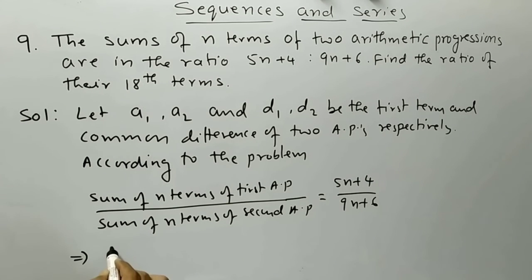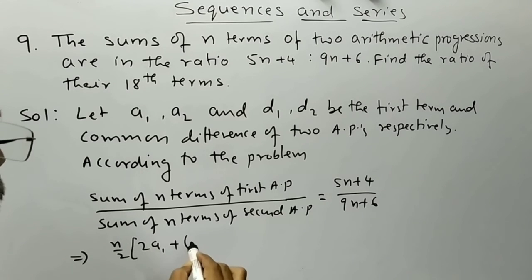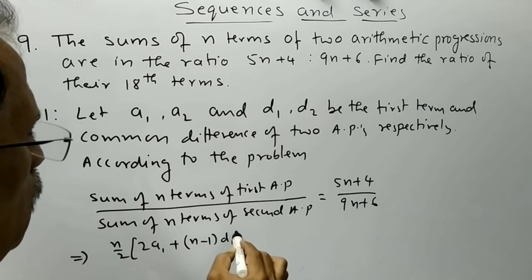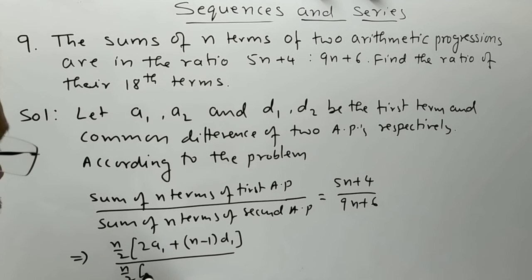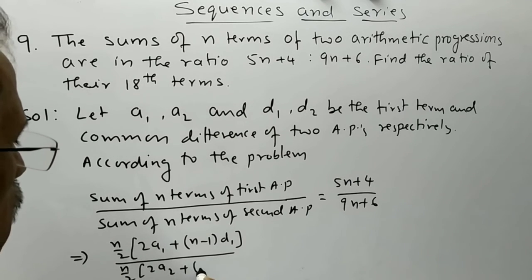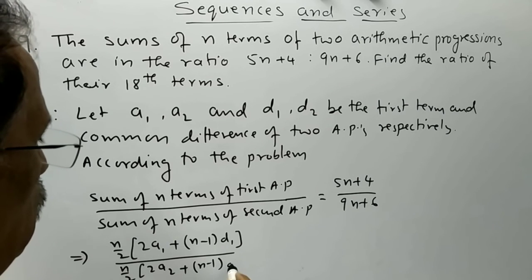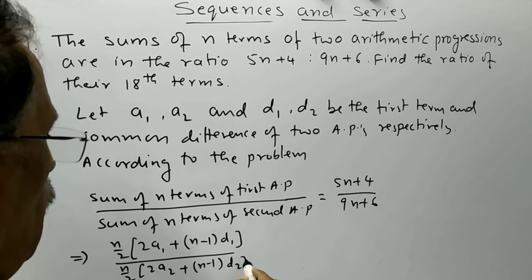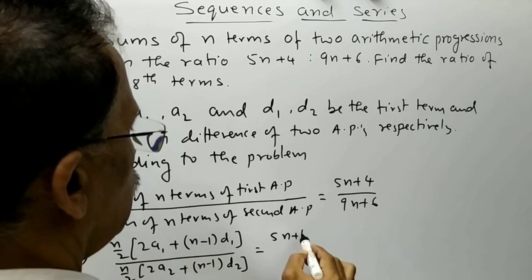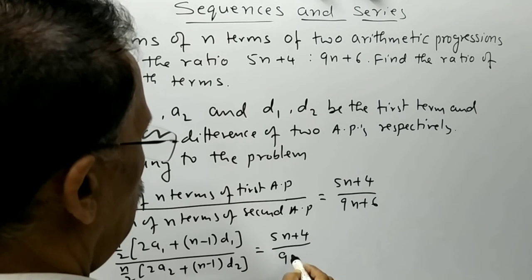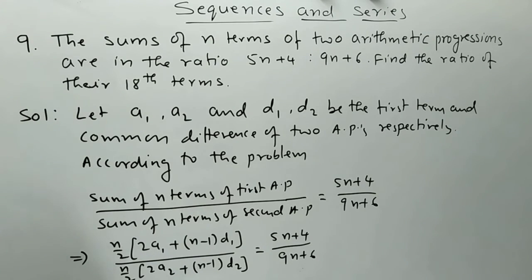Implies n by 2 into bracket 2a1 plus (n minus 1) into d1 divided by n by 2 into 2a2 plus (n minus 1) into d2 is equal to 5n plus 4 divided by 9n plus 6. This n by 2 and n by 2 will get cancelled.